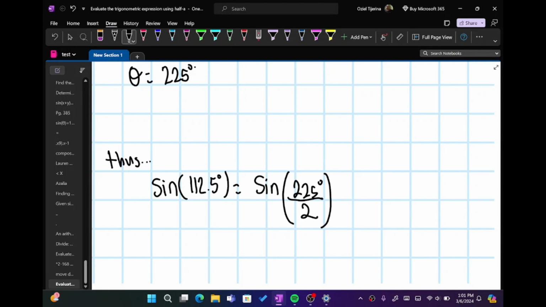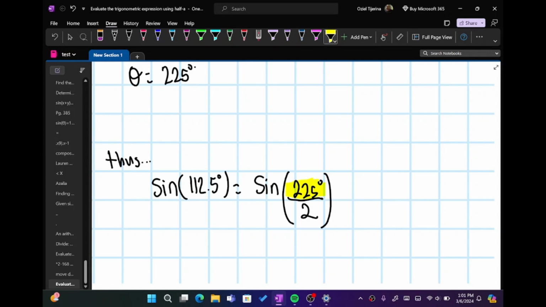Now, if you do not know what the sine of 225 degrees is, if you like working with radians, you can always just convert the degrees to radians. What I mean is you can convert the 225 degrees to radians.